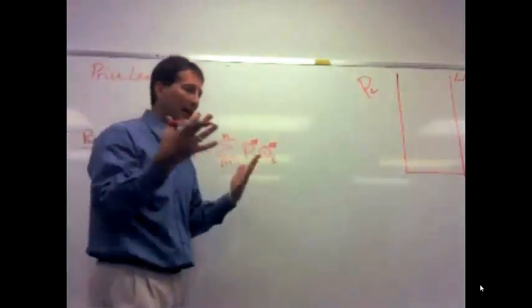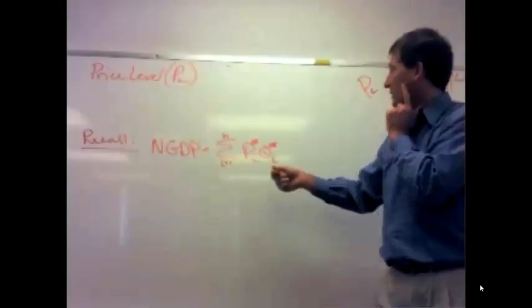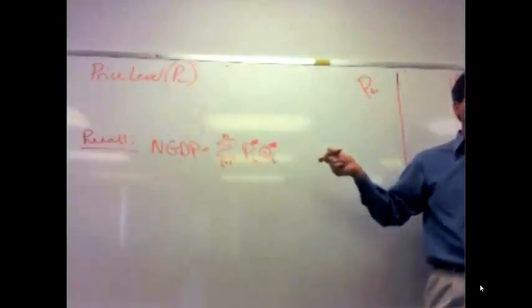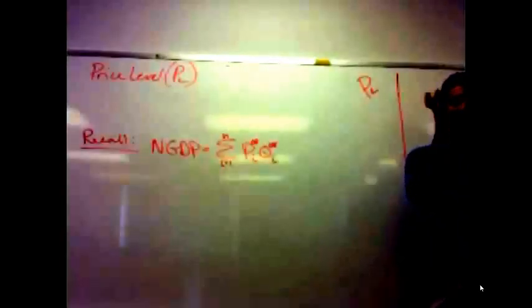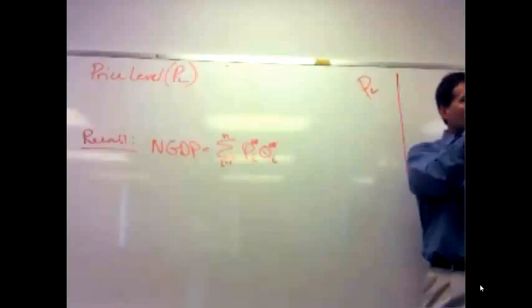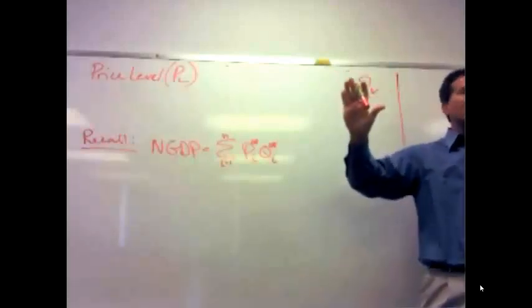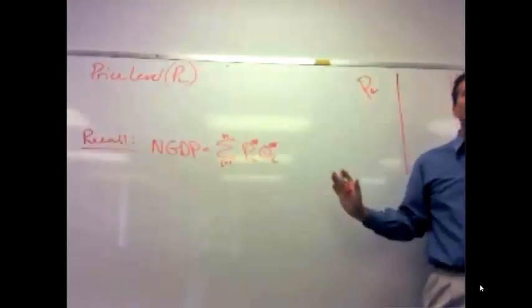The thing I care about for economic welfare is the Q, the quantity of stuff. So this price level business gave us a mechanism, a neat little trick, to separate out those 2 effects, the price effect and the quantity effect.